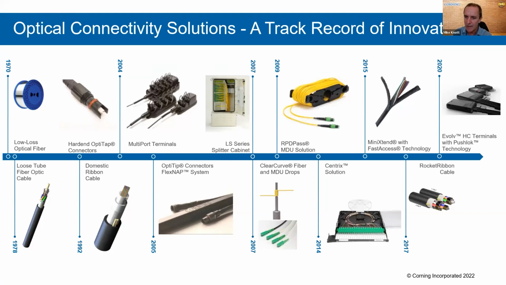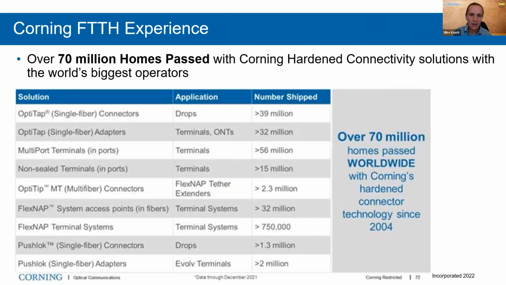In other words, making ways of joining and connecting fibre in a cost-effective and reliable way that enable fibre to the home networks to be built on a cost-effective basis. And Corning have actually delivered products to pass over 70 million homes in the world of fibre to the home, and that's worldwide in the US, Europe, Australia, throughout the whole of the world.